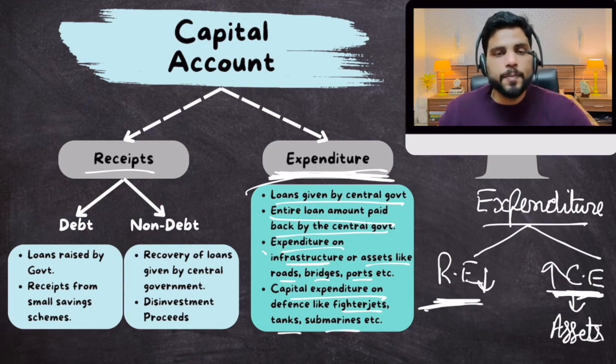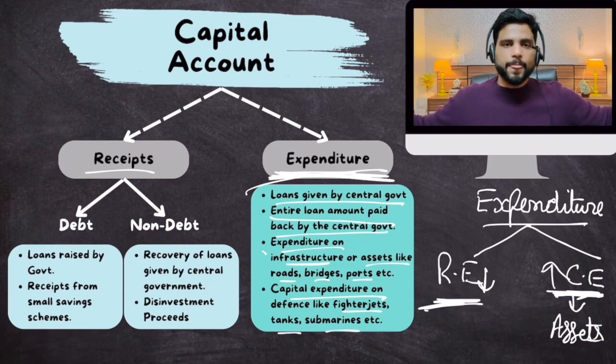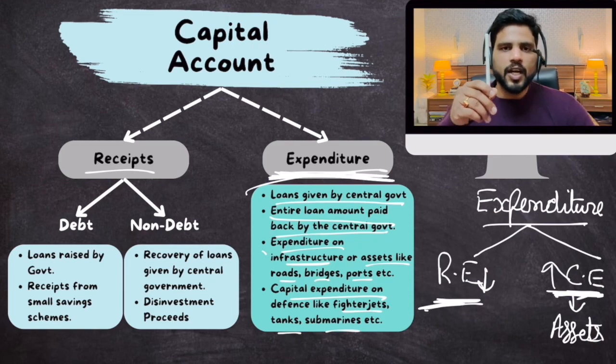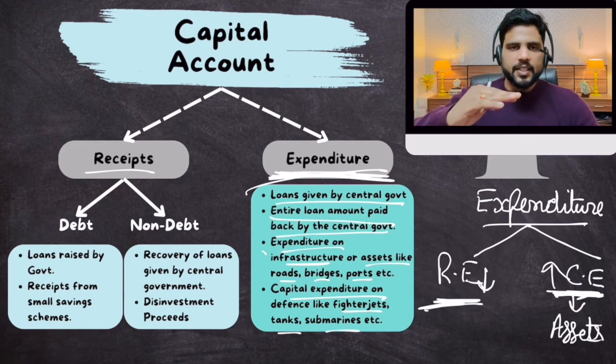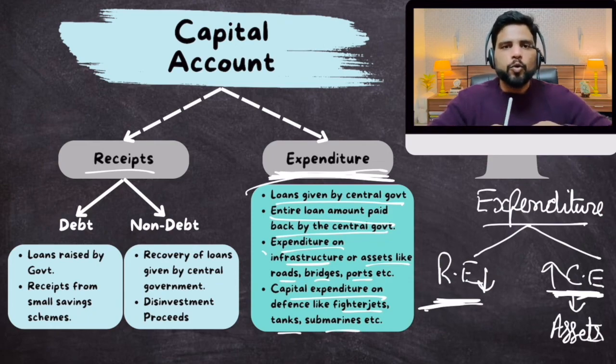You build roads, bridges, all these assets, and these assets improve the production capacity of your economy. Right? Remember that example of one machine. If one machine produces 100 pens, and if you have two machines, your capacity to produce 200 pens would be there. So your GDP's capacity has increased from 100 pens to 200 pens. And that machine was a capital good. And that is why spending on capital goods is better, because it improves your production capacity.